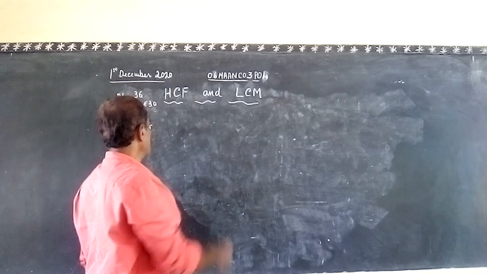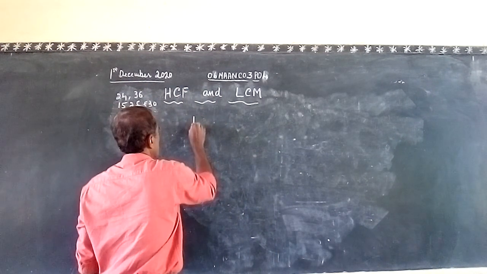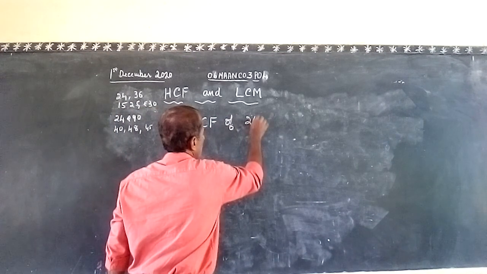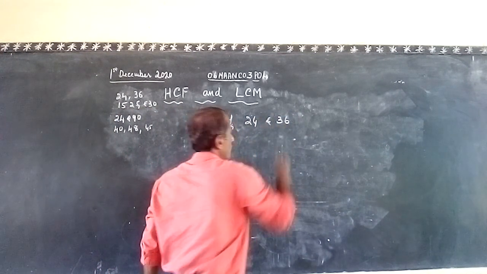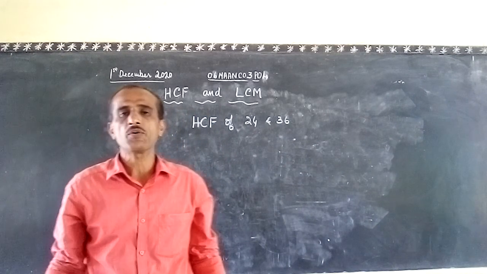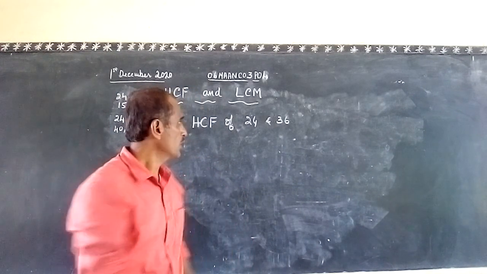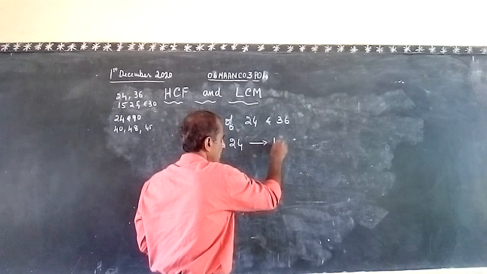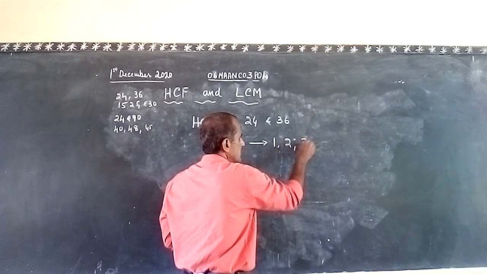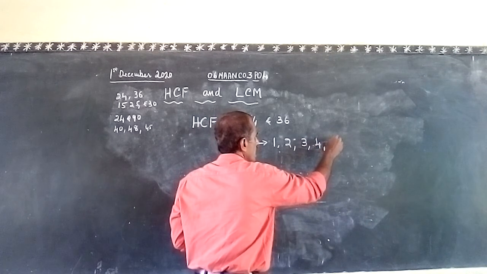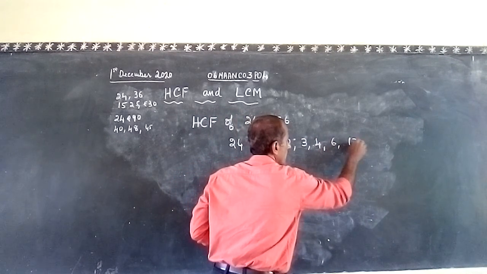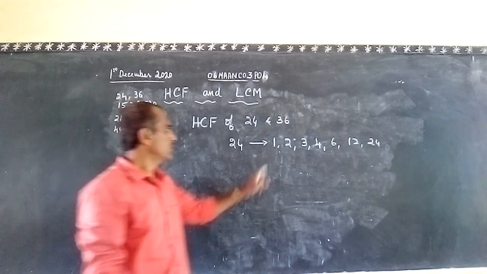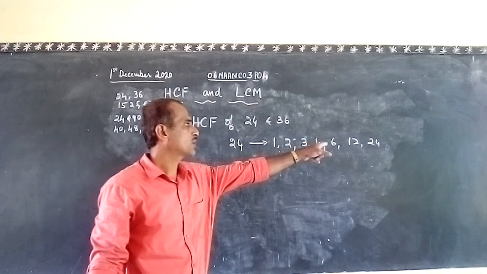See, let us take what is the highest common factor. Find the HCF of 24 and 36. What is the HCF of 24 and 36? You know the factors of 24 are 1, 2, 3, 4, 6, 12 and 24, isn't it?